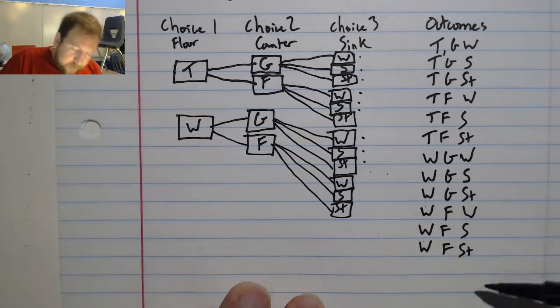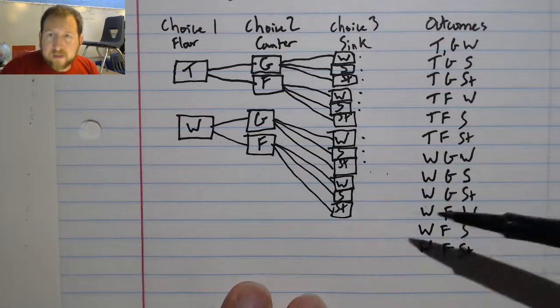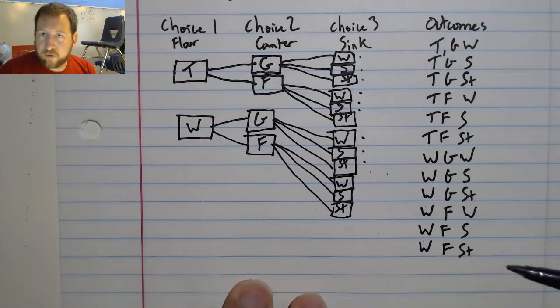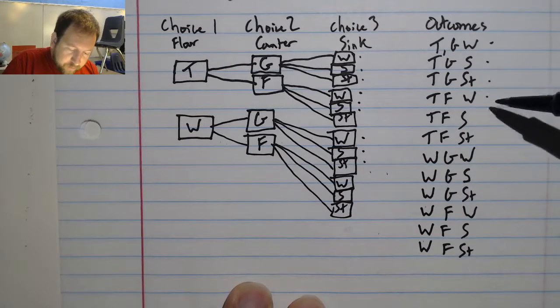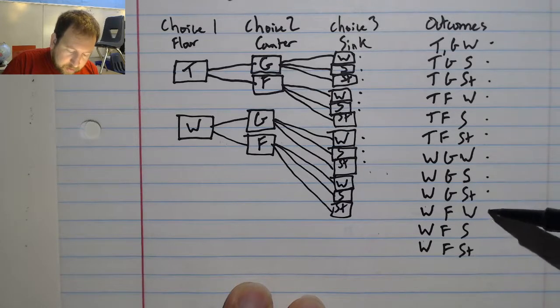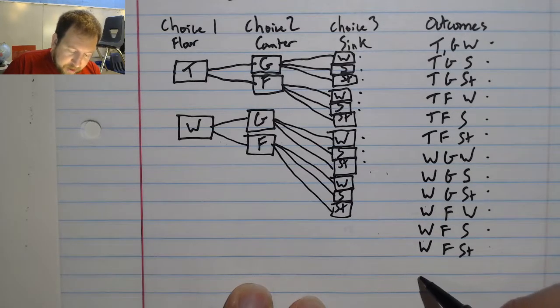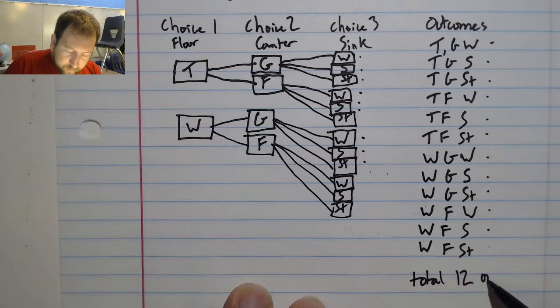These are all the possible things that I could build from this combination and from looking at the tree that I drew. Now what I can do is count them up. 1, 2, 3, 4, 5, 6, 7, 8, 9, 10, 11, 12. And I can see that I have a total of 12 outcomes.